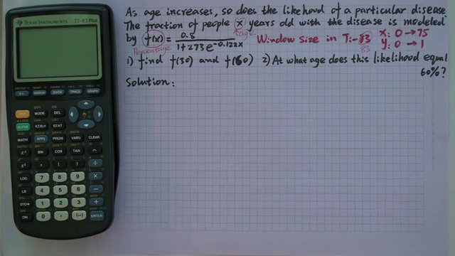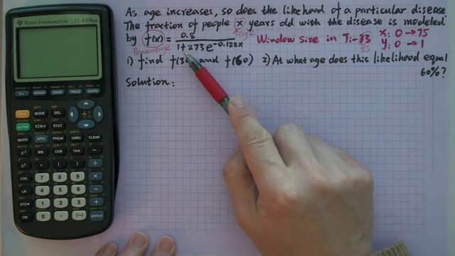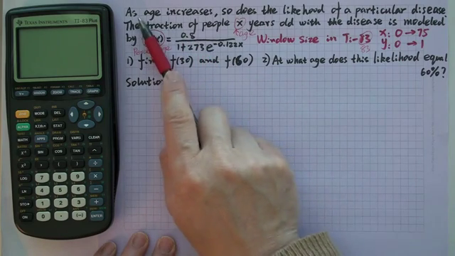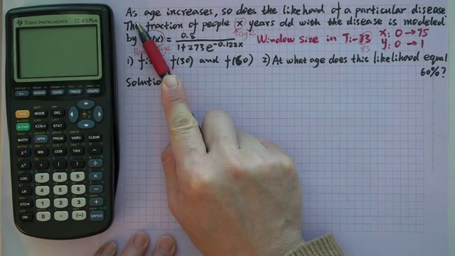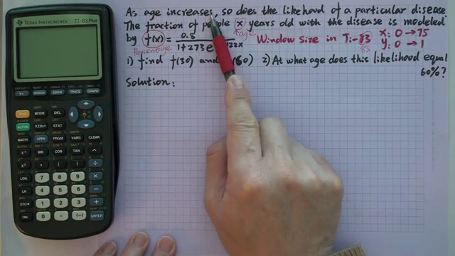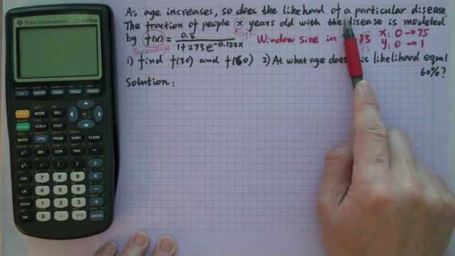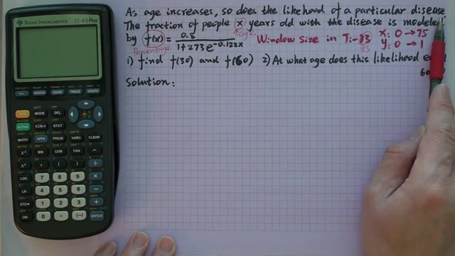In this lecture, we will talk about the application of exponential functions. This example says that as age increases, so does the likelihood of a particular disease.